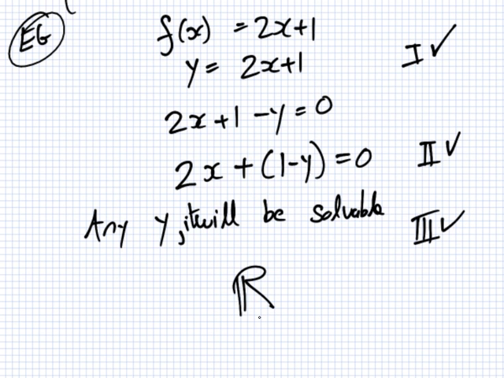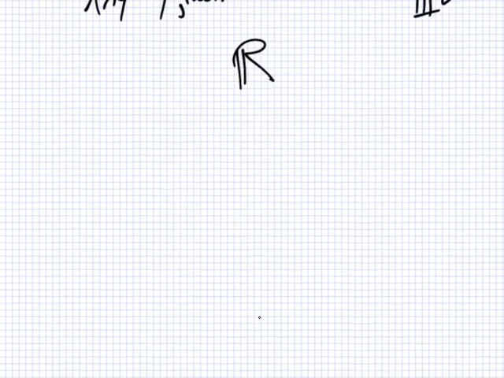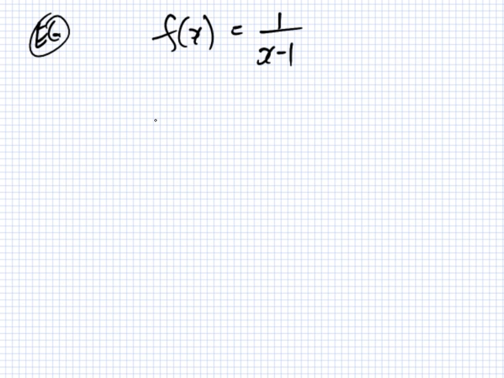Can I scroll down? Another example. Alright, so let's have a look at this more realistic example. f(x) equals 1 over x minus 1, for example. Right, so what do I do first? I say y equals 1 over x minus 1. Next, 1 over x minus 1 minus y equals 0.